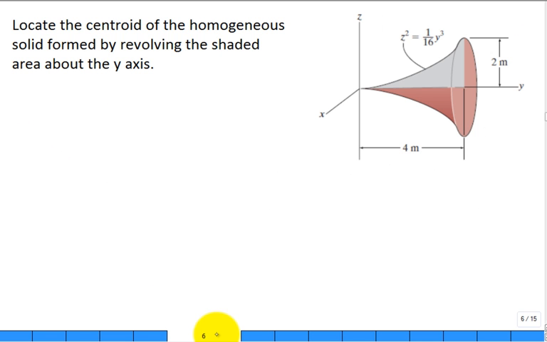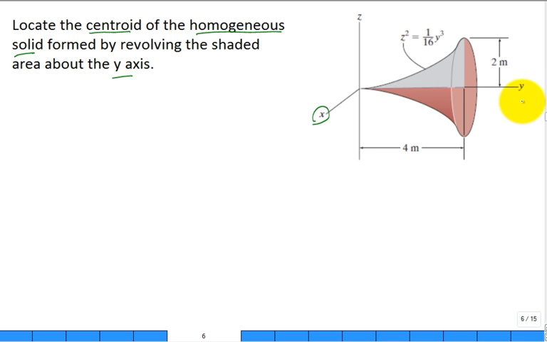Well, not only do we do areas, we need to do volumes. So we have to calculate the centroid of this homogeneous solid. That's typical. We don't have varying density. Homogeneous solid formed by revolving the shaded area. This is that shaded area right here. It's kind of gray. And we revolve that about the y-axis.